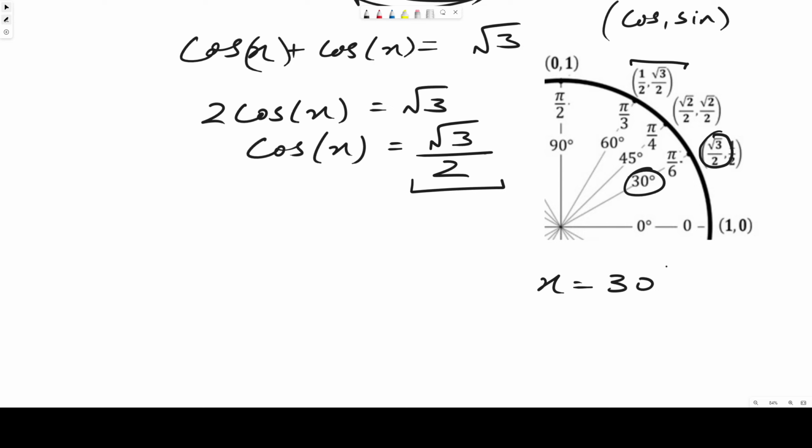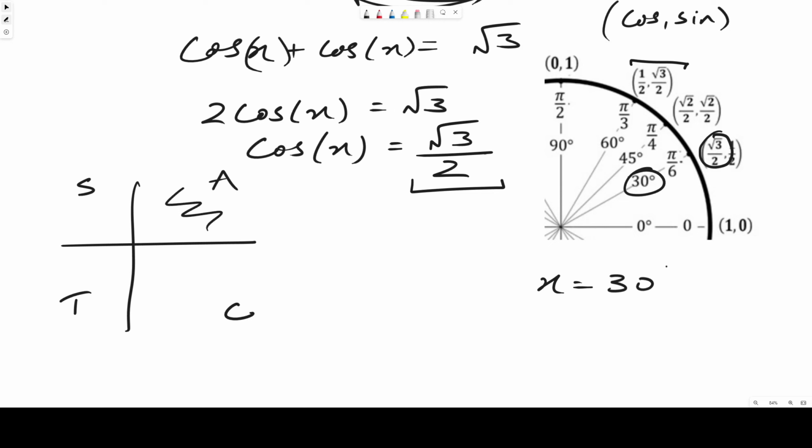Now the other solution which we need: you know that this fraction is positive. Because this fraction is positive, we know by the chart that you can say CAST, or I like to use "add sugar to coffee", that cosine is positive in the first quadrant and in the fourth quadrant.